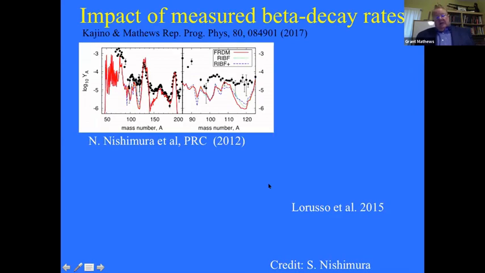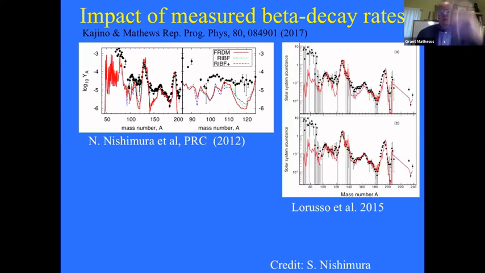And in our review paper in 2017 and in the paper we wrote in 2012, the determination of new beta decay rates has actually helped clarify this. In the 90s, we speculated that it might be systematics of the beta decay rates that cause these dips in the R process. And as better beta decay rates have been measured, some of this discrepancy has been reduced. It shows the importance of understanding the detailed properties.